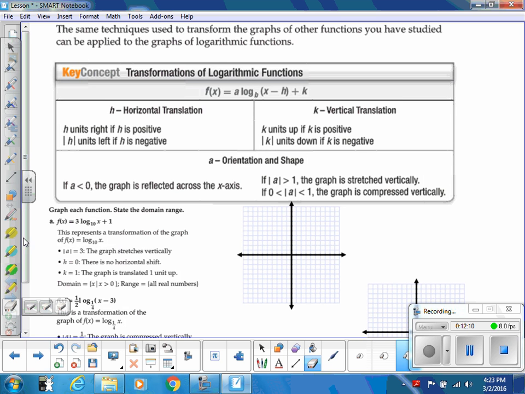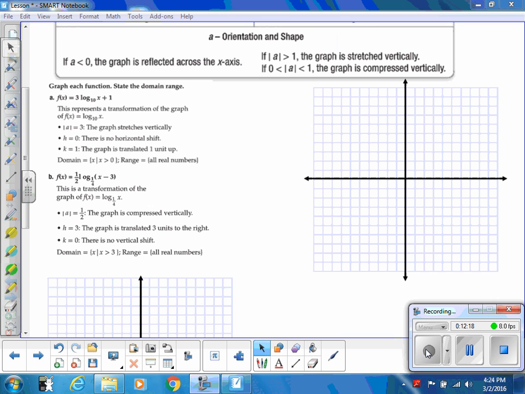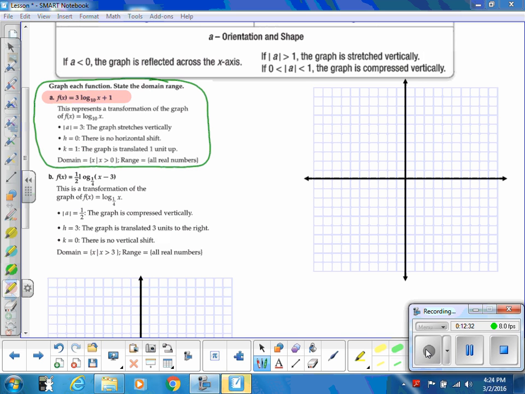Okay? So, for example, as you can see, I quickly blew up my grid so it's easier to see. So say we want to graph this function right here. Now, they've already kind of done it for you, but we're going to do it out. So I have the function f of x equals 3 log base 10 of x plus 1. All right?